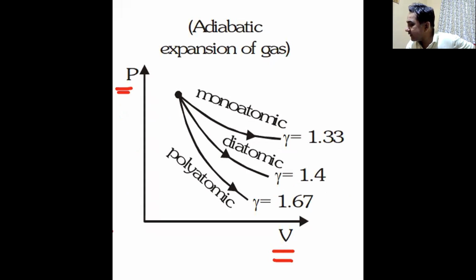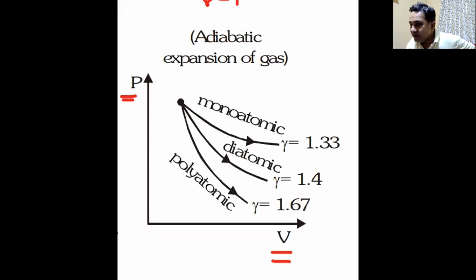Now remember this graph has been drawn upside down, so I will just straighten it. Here are three graphs drawn for the adiabatic process of three types of gases. The first gas is monoatomic, the second gas is diatomic, and the third gas is polyatomic. Do we understand this?